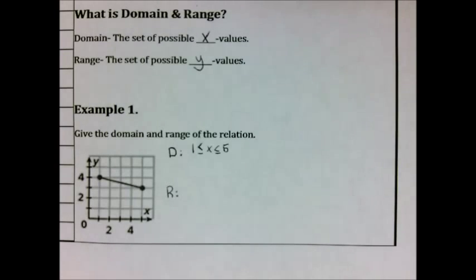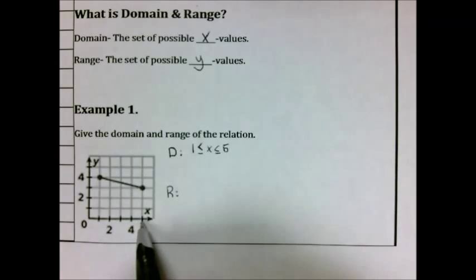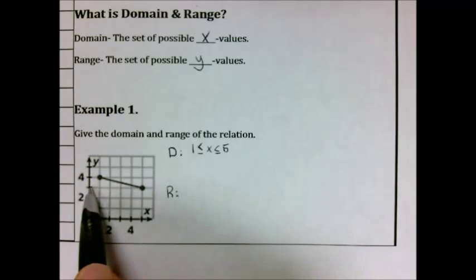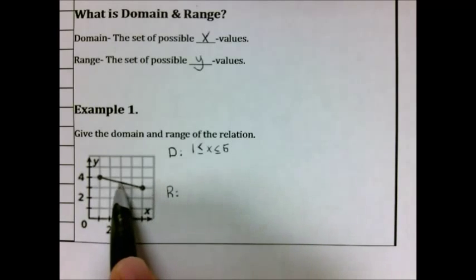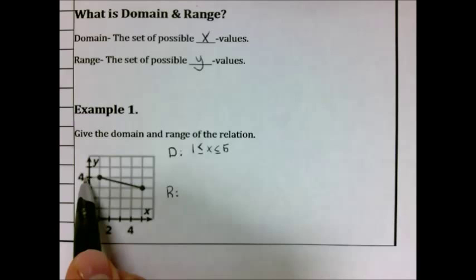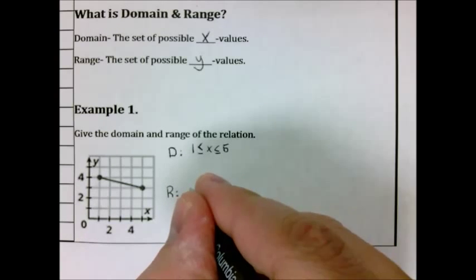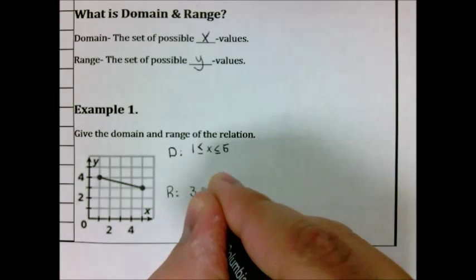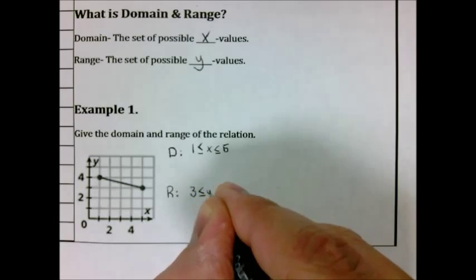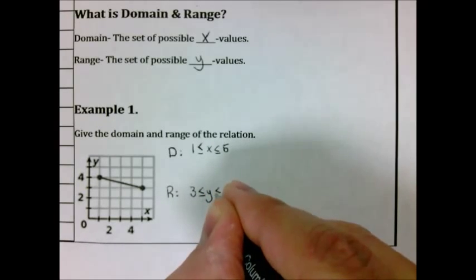Now our range talks about the possible set of y values. Okay, the possible set of y values. And we see our lowest y is at 3, and it goes all the way up here just to 4. Okay, so y could be as little as 3, but as big as 4.